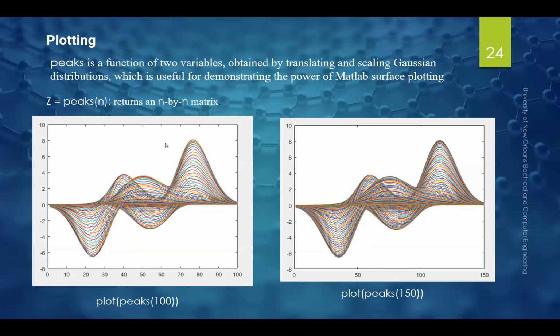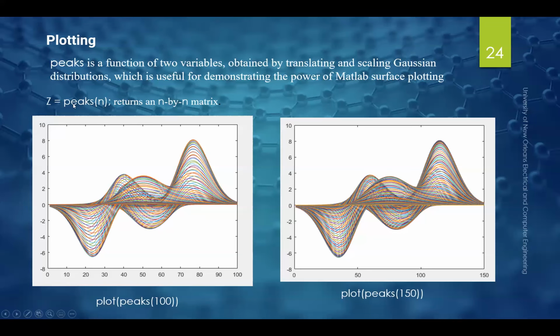In this case, the peaks function returns an n by n matrix. If you give it the number 100, it creates a 100 by 100 matrix, and every column in the matrix is plotted.